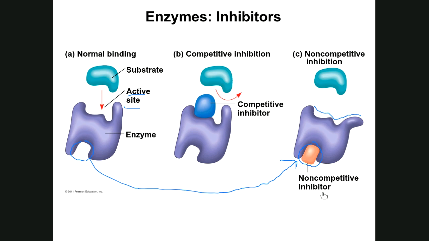It has prevented the enzyme from becoming active. Well, because this molecule is not competing with the substrate for the active site, but instead is binding to a region away from the active site, we call this type of inhibitor a non-competitive inhibitor. Okay? Are there any questions?